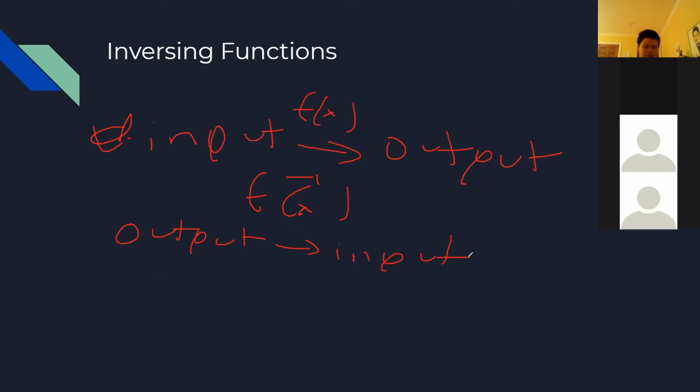In other words, could there be a function f negative 1 of x, which is the notation, where x goes in, output goes out, input goes out.